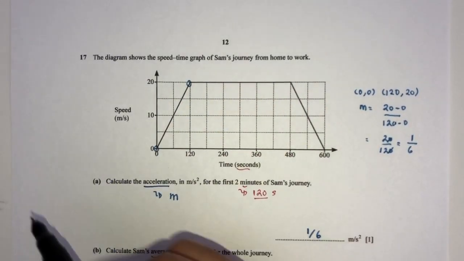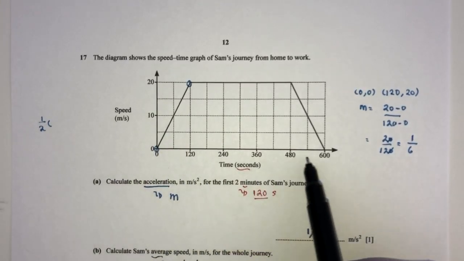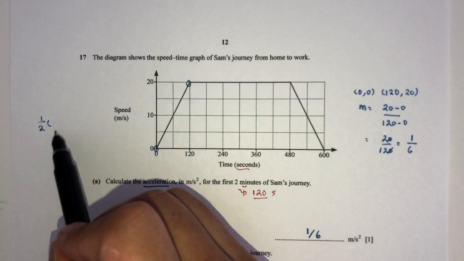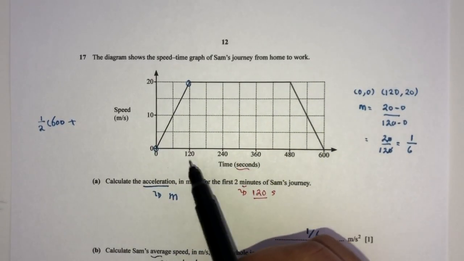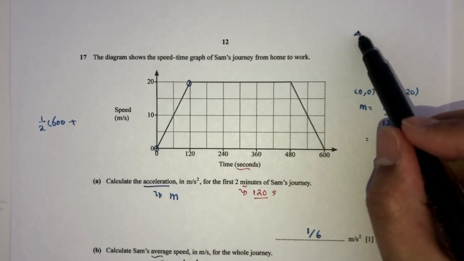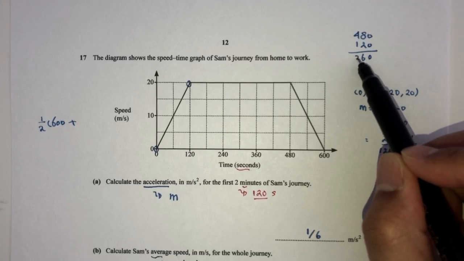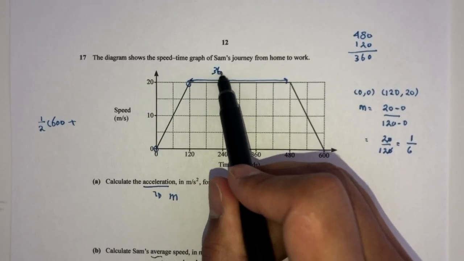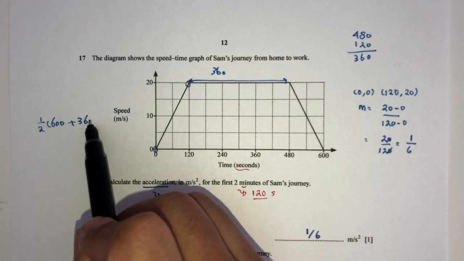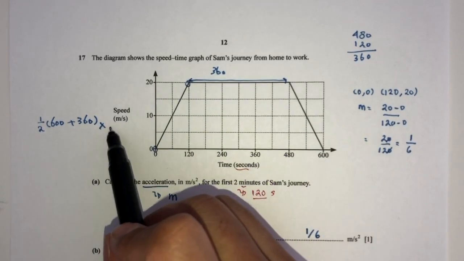This is a trapezium, so half times the sum of the parallel sides. Here we have 600 plus 480 minus 120, which is 360, times the distance in between, that is 20.